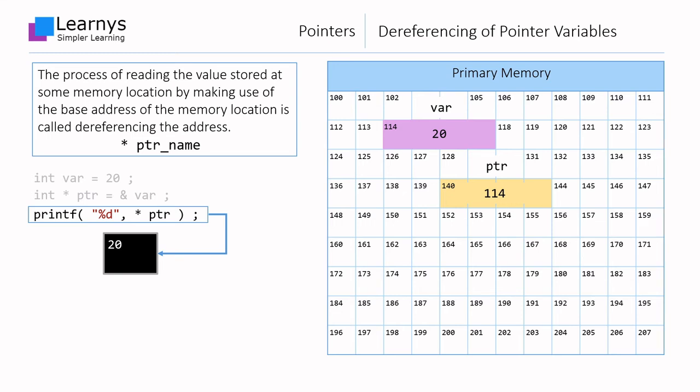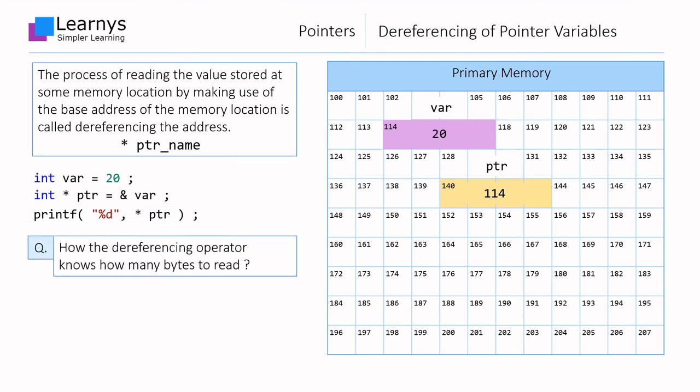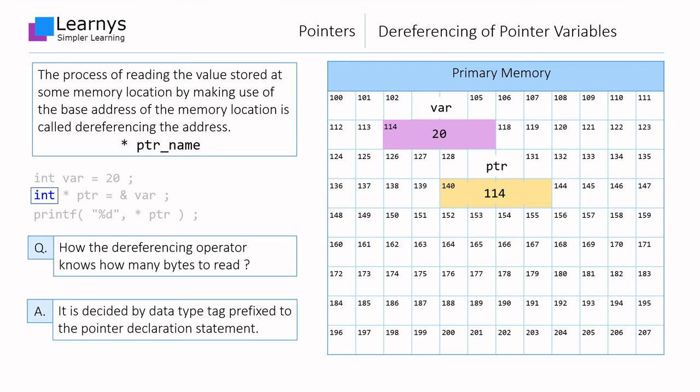We need to dig a little deeper to have a clear understanding of the functioning of the dereferencing operator. In the given code sample, we saw that the dereferencing operator read exactly 4 bytes starting from the address pointed to by PTR. But how did the dereferencing operator know how many bytes to read? If you have noticed, while declaring a pointer variable, a data type tag is also prefixed to the declaration.